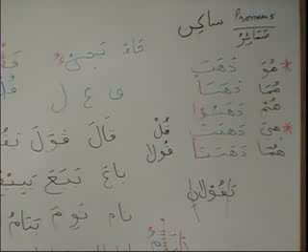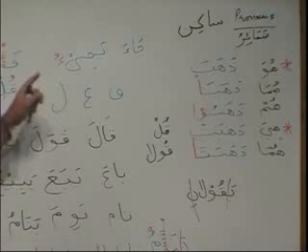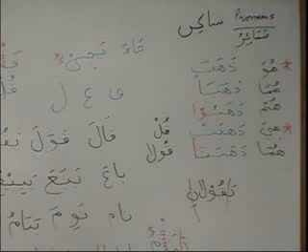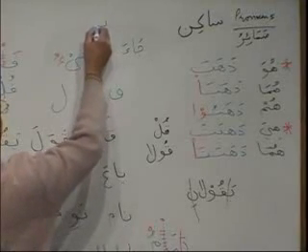Yaji'u. So everything is pronounced, so you will write down the hamza, but make it majzoom. How will you write it down? No, yaji. So you will write down ya.